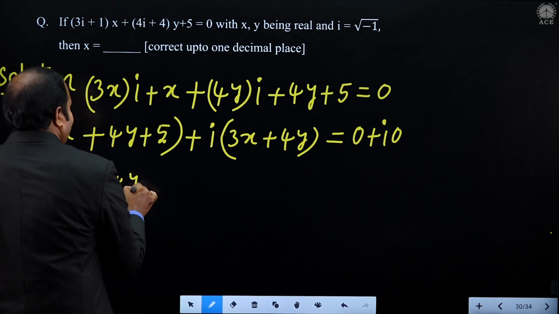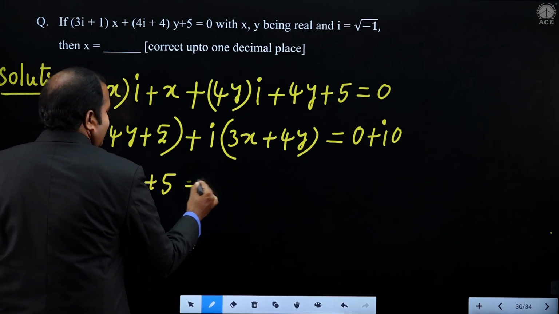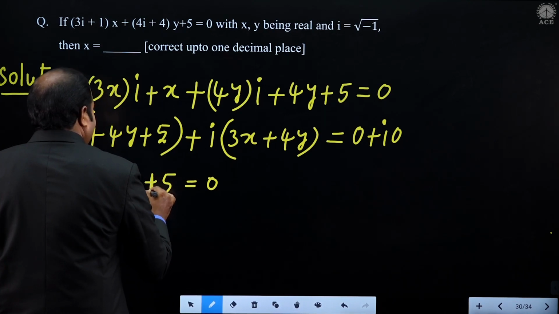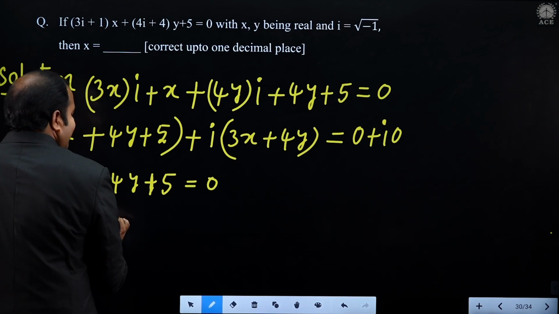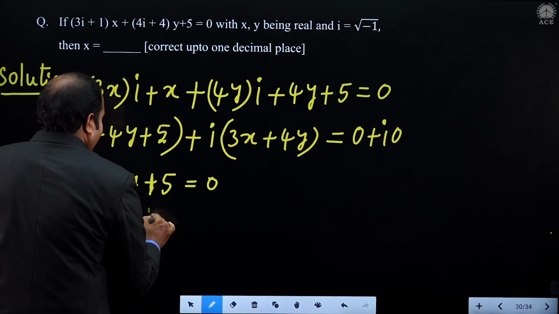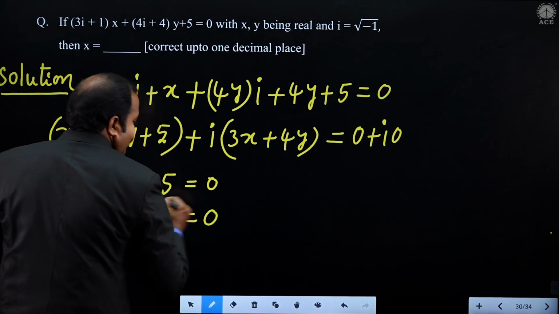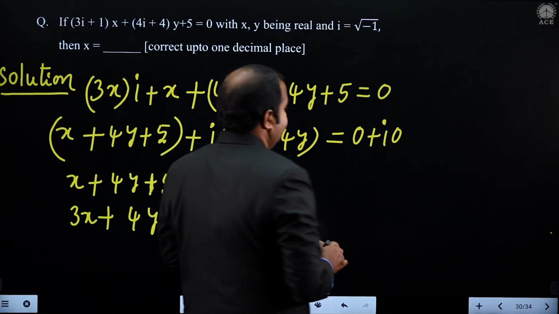x plus 4y plus 5 equal to 0, and similarly 3x plus 4y equal to 0, by comparing the real and imaginary parts.